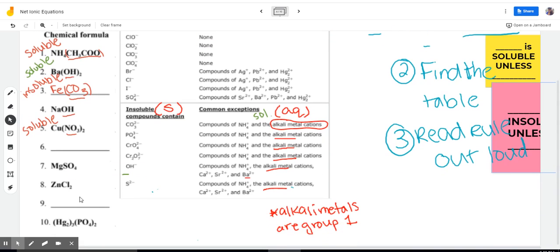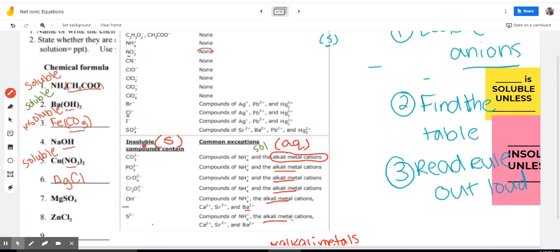We can do one last one. So one of those first examples was, I'm just going to put it right here, AgCl. Okay, let's use that one real quick because this is a good one. So Cl is up here.